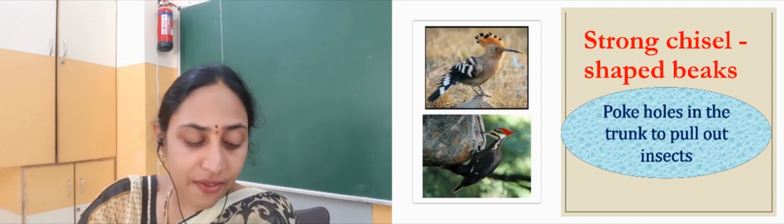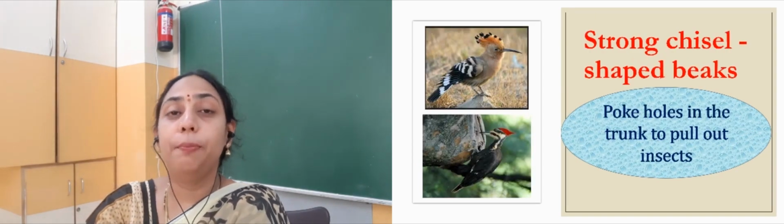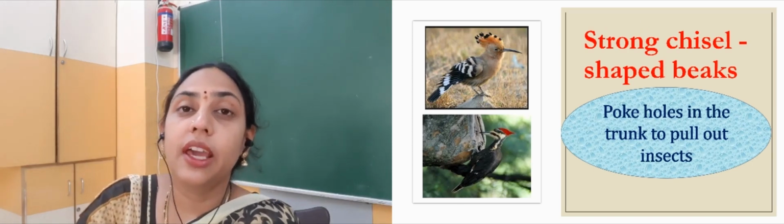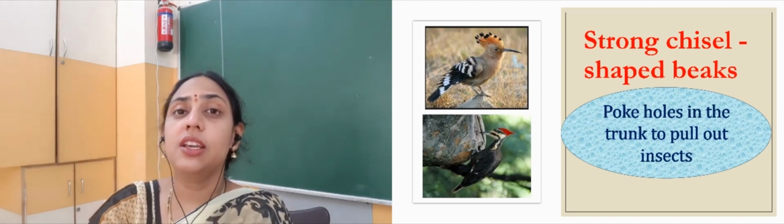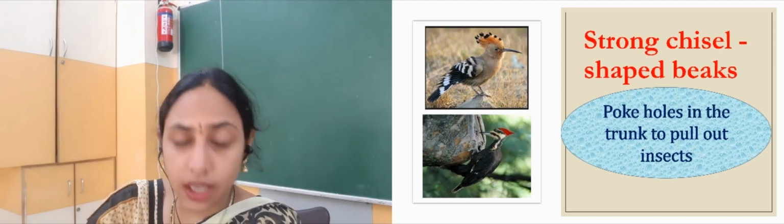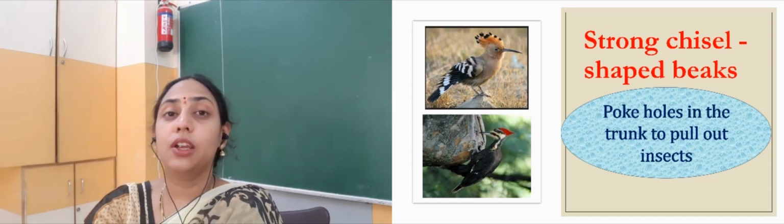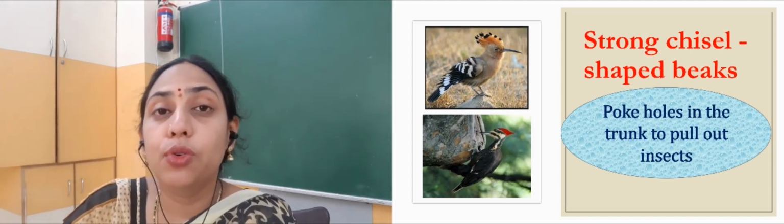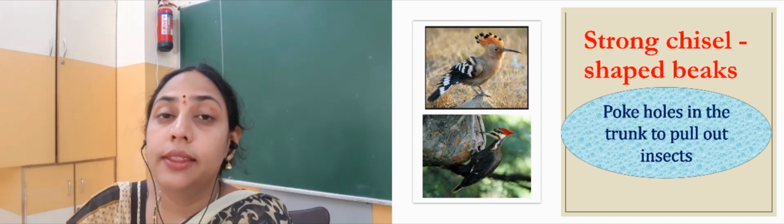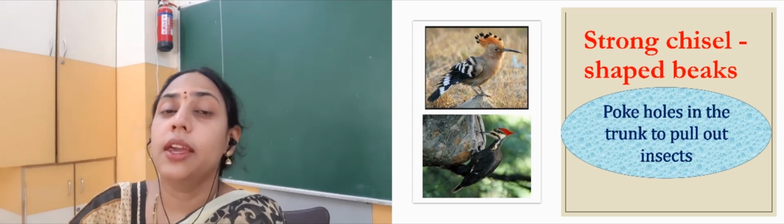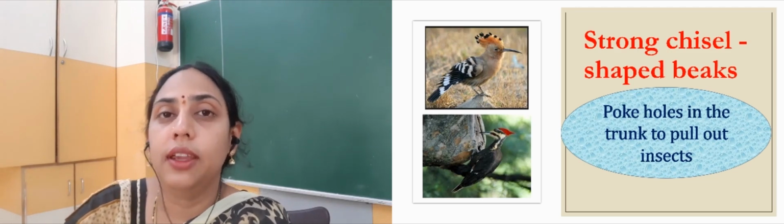Then they have strong chisel shaped beaks. Some birds have strong and chisel shaped beaks. Now if you see birds like woodpeckers and hoopoes, how do they make their nest? They make a hole in the trunk of the tree, okay.